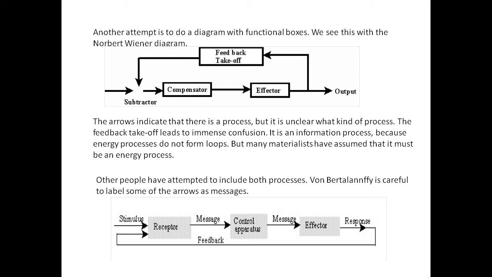And then there is a response, and the response produces feedback which returns to the receptor. Although this is a diagram of an information process, it does not make it clear that the feedback takeoff is information about the results. The environment is missing.